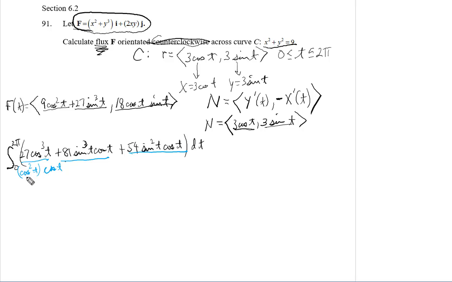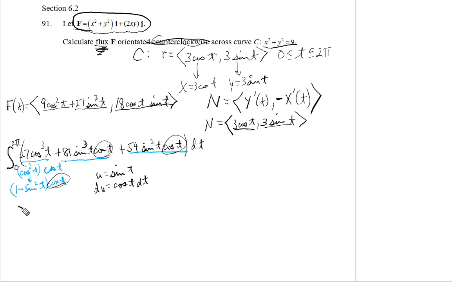I can change the cosine squared t into 1 minus sine squared t, and then I could do a substitution. If we let u be the sine of t, then du would be cosine t dt. So we can take all these cosine t's, pull them out, and that would be our du.